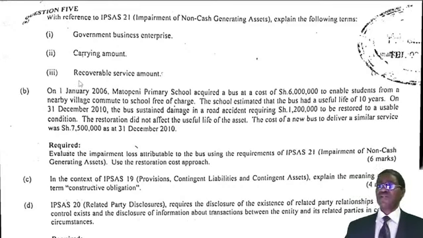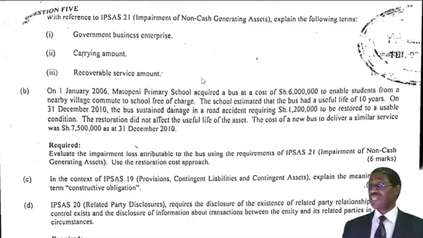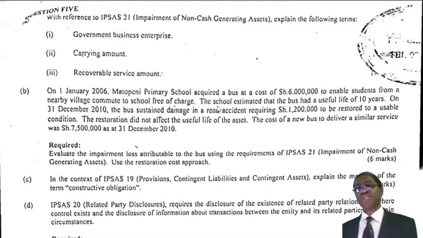I told you, this is the amount that is considered to be the higher of 1, net realizable value of the asset, 2, value in use. Good. Those three items I think had 2 marks each. You can see one could get 6 marks for nothing, just to mention what these terms are. My concern for now is part B of the question.